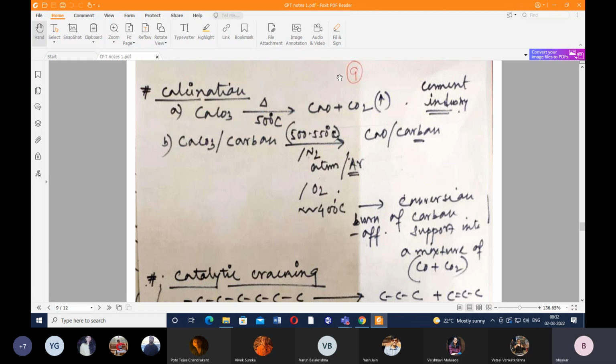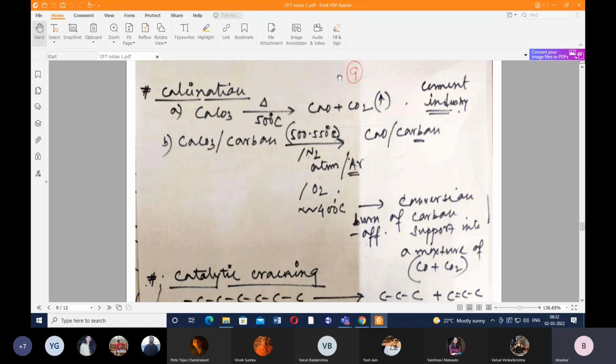So what will happen is I cannot carry out the reaction at around 500 degrees Celsius in the presence of oxygen. Much below 500 degrees Celsius, rather, the carbon will interact with oxygen, producing carbon monoxide and carbon dioxide. If it is incomplete combustion, then we will get carbon monoxide.